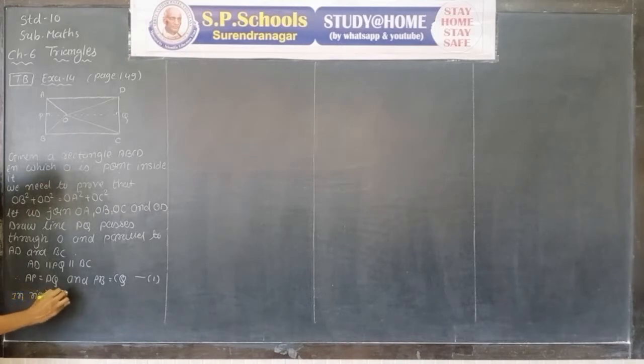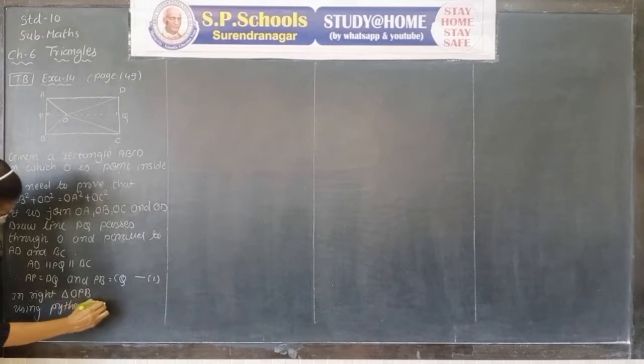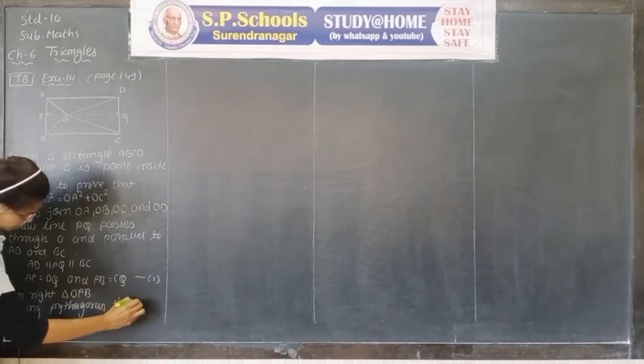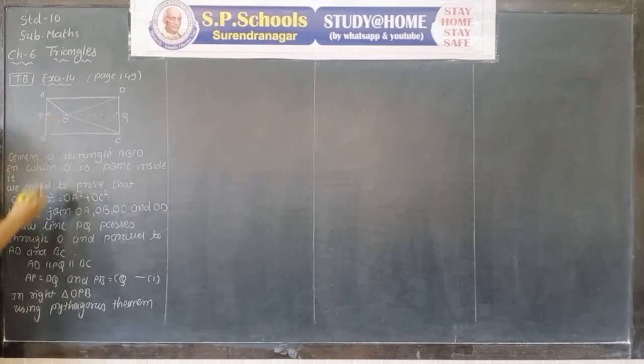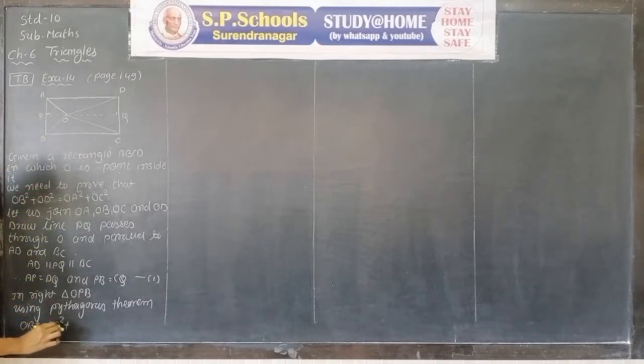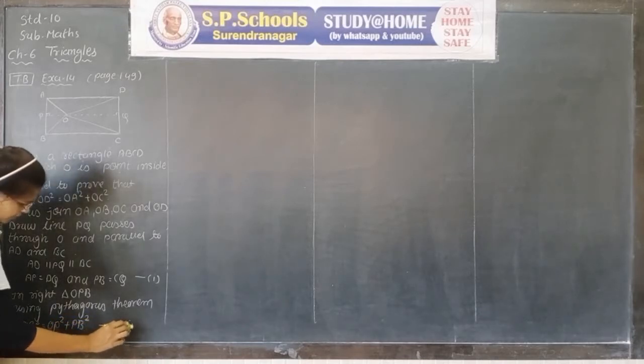In right triangle OPB, using the Pythagoras theorem, the square of hypotenuse OB is equal to OP square plus PB square, or BP square. It is our second result.